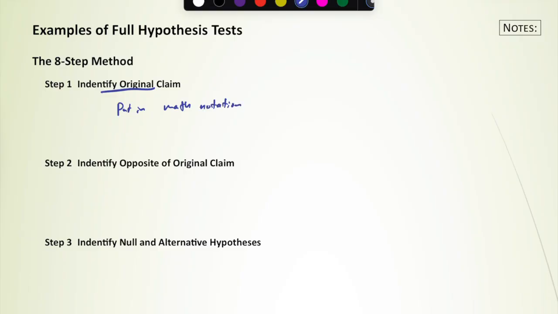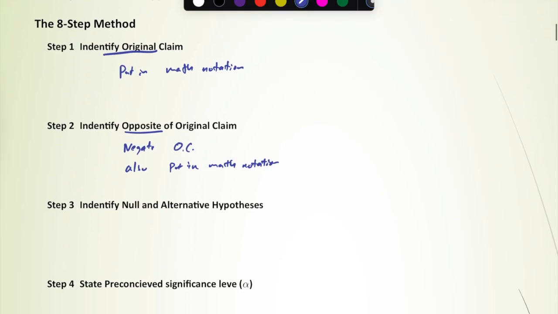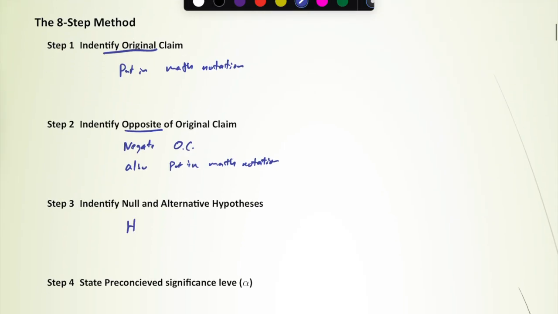Next thing to do would be to take the opposite of the original claim. So this is negate the original claim. Also put in math notation. Once you have those, it's easy to see which one is going to be the null hypothesis and which one is going to be the alternative.